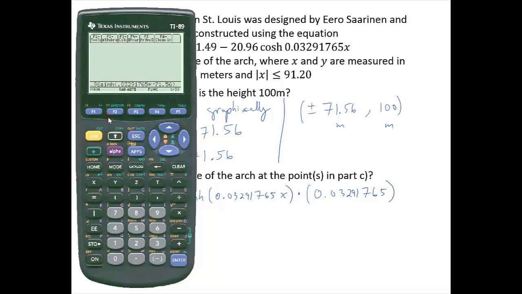Close that off, and then I'd have to multiply that by the 0.032911765. And I'll hit enter. Let's hit green enter to be sure that we get an approximation. And that's 3.60483 to 5 decimal places.